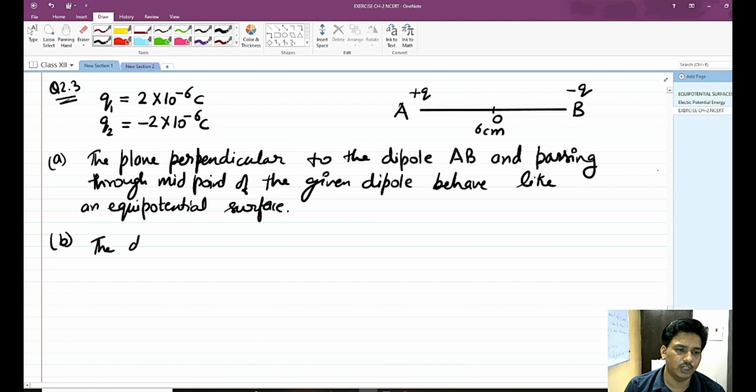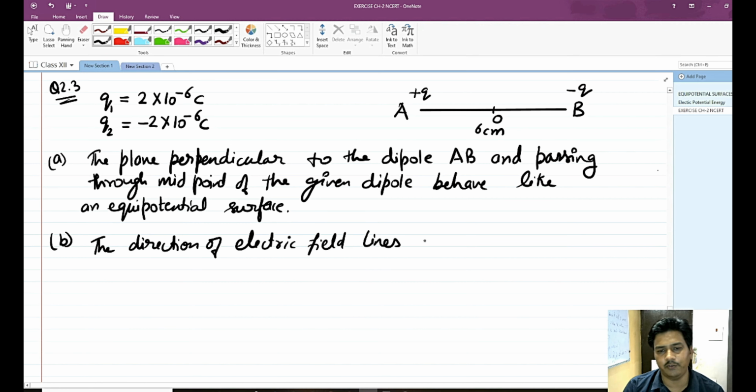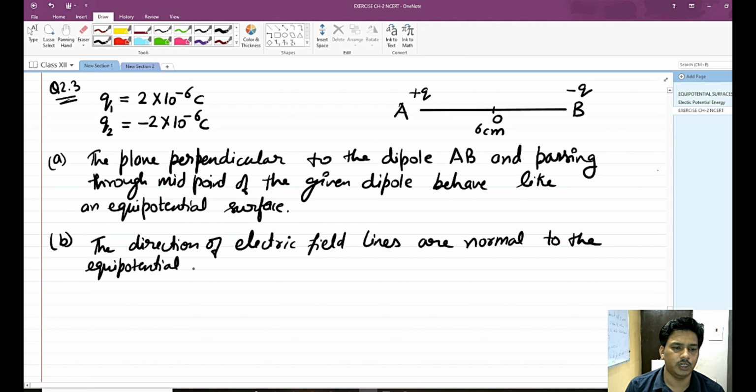So the direction of the electric field lines is normal to the equipotential surface, and moves from A to B. So this is the direction of the electric field lines.